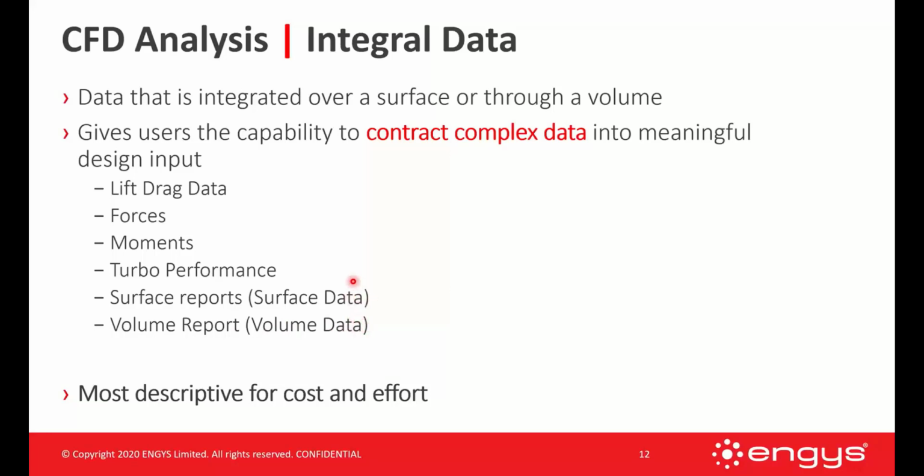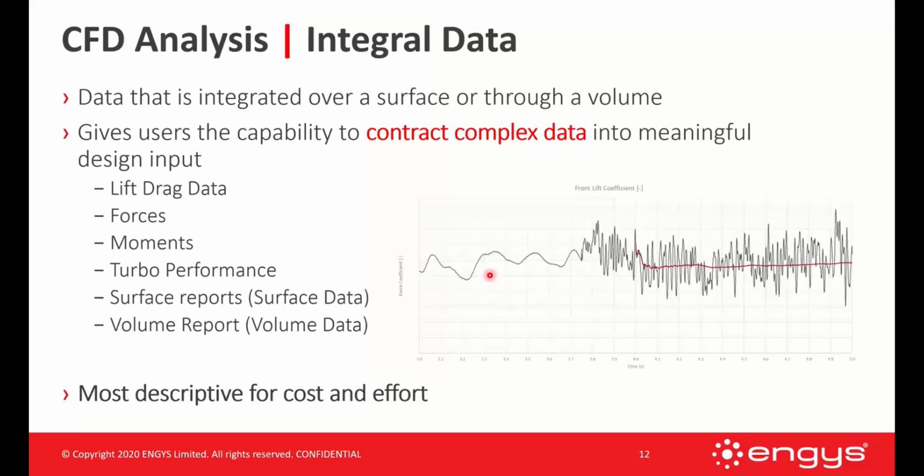Now, these are great in terms of evaluating our simulation health, and it gives us this reality check of, are our simulation results valid or meaningful? Do we have speeds within the simulation that are much higher than we actually see in experiment? It gives us this kind of sanity check capability. And overall, I think integral data is the most descriptive for the cost and effort.